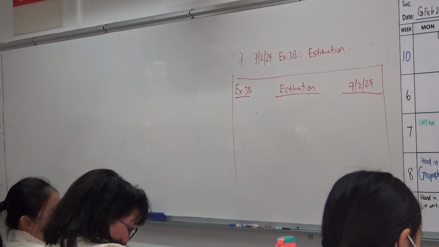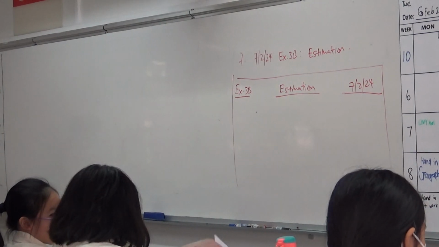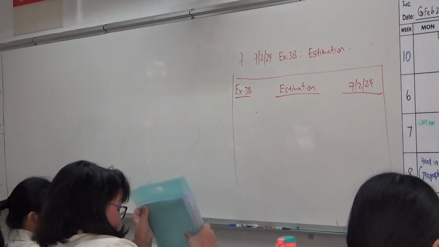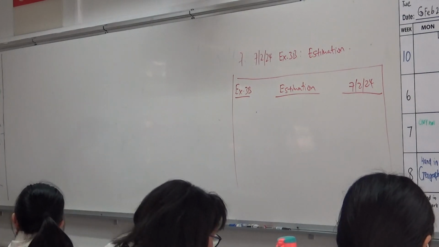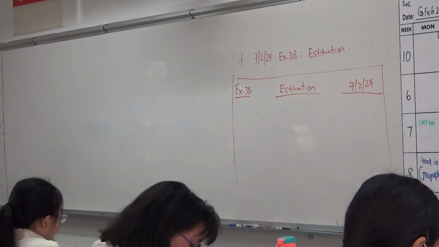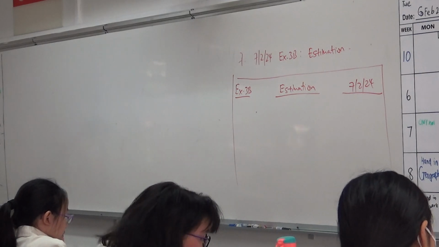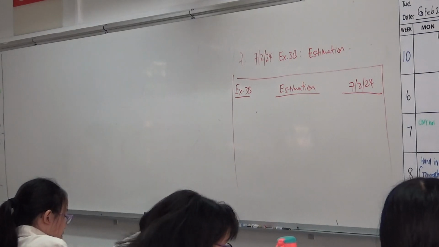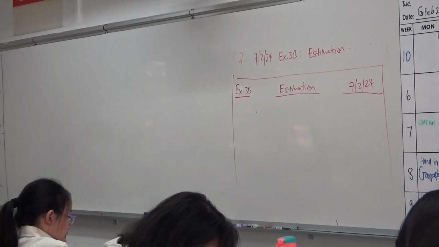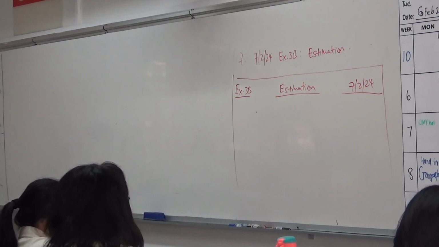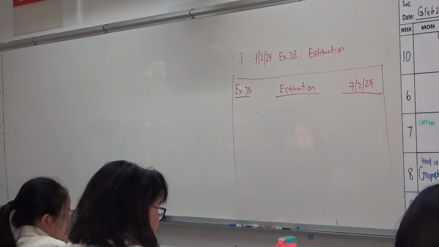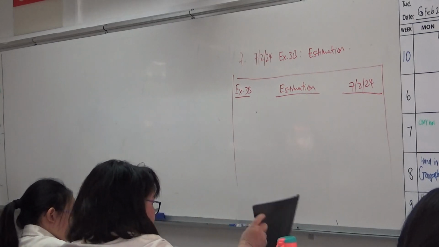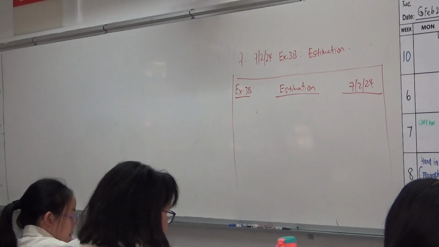Those who always forget to do homework and give it to me, take out the step now. Okay, let's look at page 87. If the degree of accuracy is not specified in the question, and if the answer is not exact, give the answer to 3 significant figures. Can you see that they are also going through the O-level standard?